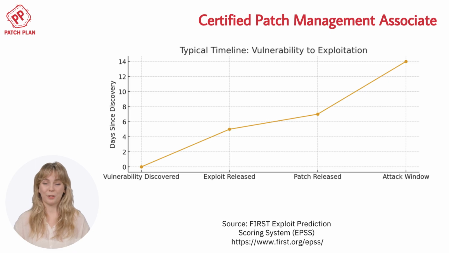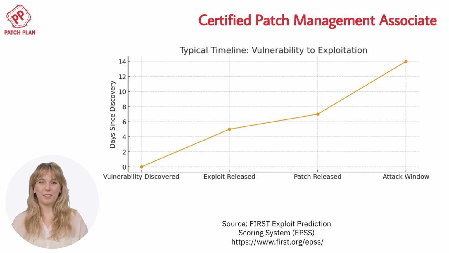EPSS uses machine learning and threat intelligence data to estimate the probability that a given vulnerability will be exploited in the next 30 days. Unlike static severity scores, EPSS focuses on likelihood of real-world exploitation. By combining EPSS with patch management, organizations can focus first on vulnerabilities that attackers are most likely to use.